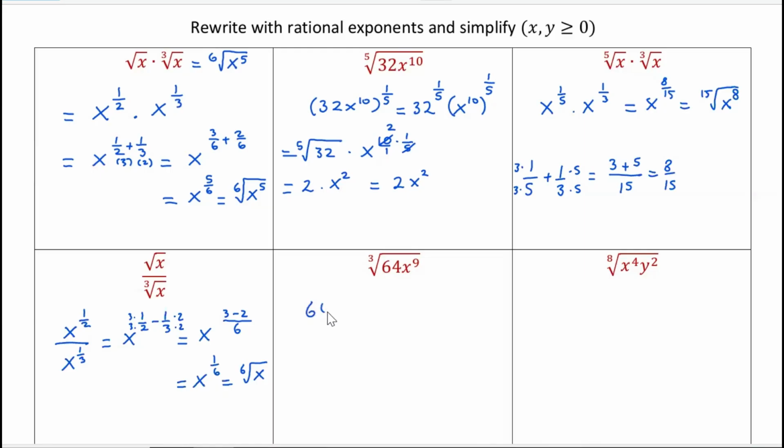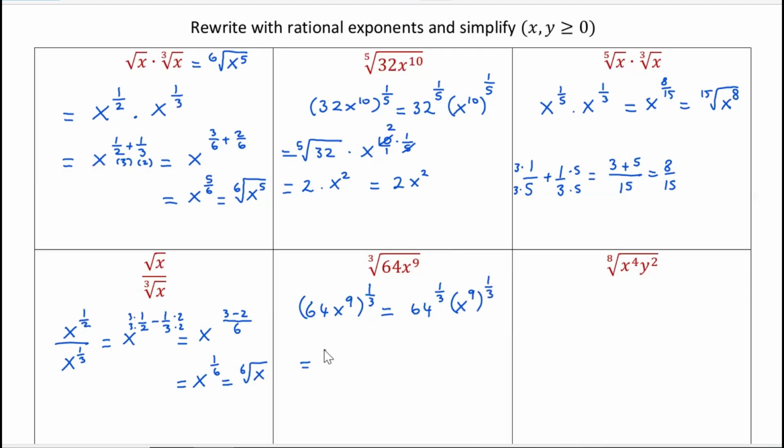We have 64x to the 9 inside the cube root, which we can write using rational exponent as raised to the power 1/3. And use the product raised to a power rule to raise 64 to the 1/3 power and x to the 9 to the 1/3 power, like we did in the above question.